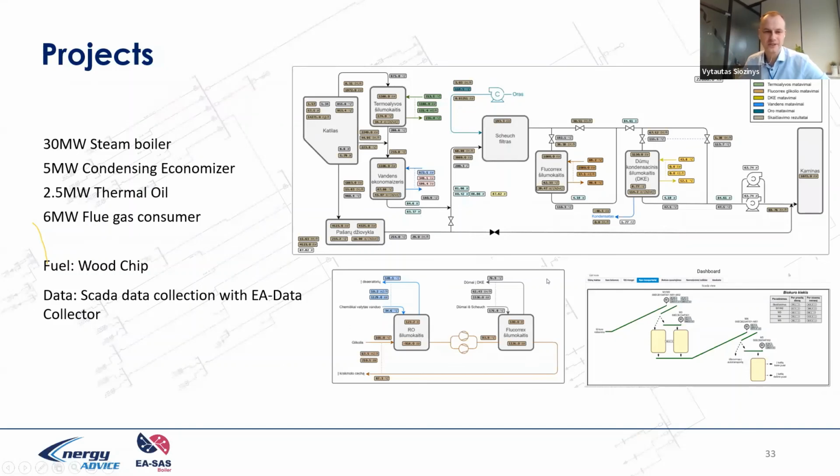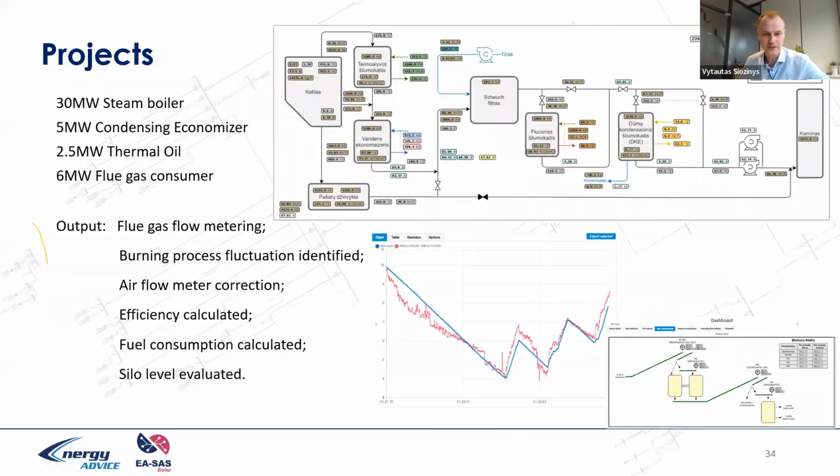All of these for a 30 megawatt steam boiler were installed, and the idea was to calculate fuel consumption. The target of the project was absolutely different from the targets I described in this webinar. The target was just to calculate fuel consumption and silo level. You can see here the silo level is changing, and here you see the biomass calculated by the solution.